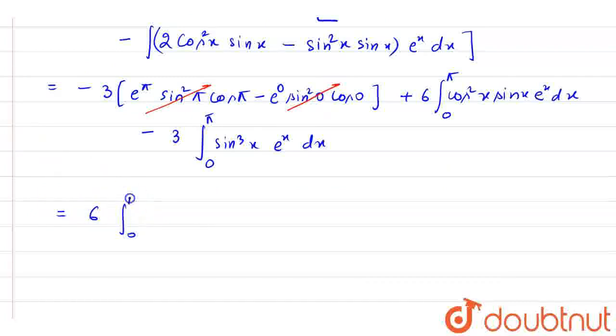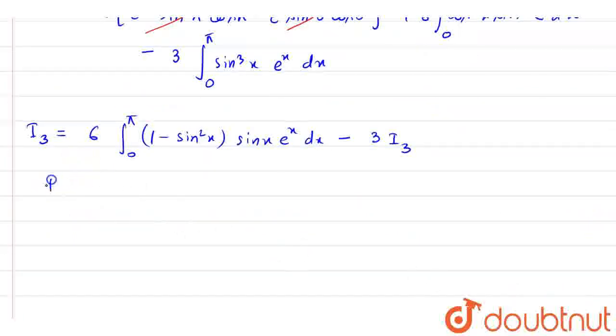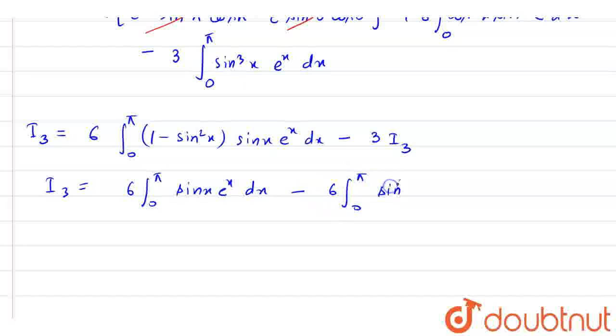Now we have integration 0 to pi, and I can write cos square x as 1 minus sin square x, into sin x e to the power x dx, minus this as 3. Now this is I3, basically this is I3. If you solve it a little bit more, you will get I3 equals 6 times integration 0 to pi sin x e to the power x dx minus 6 times integration 0 to pi sin cube x e to the power x dx minus 3 I3.